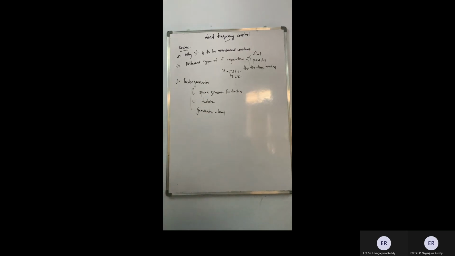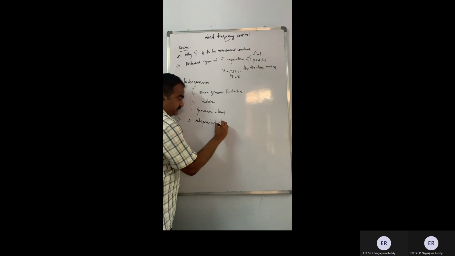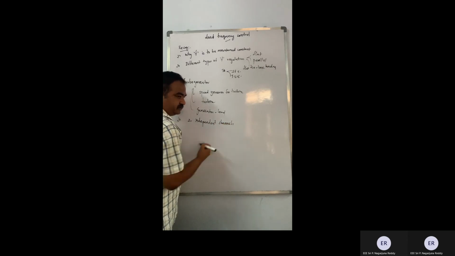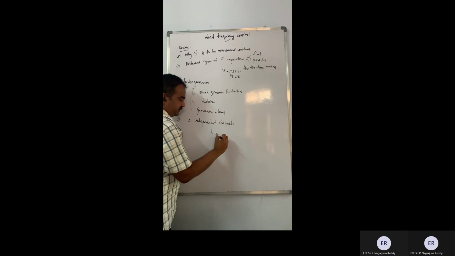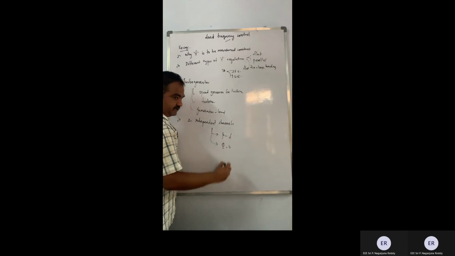So these are the components of turbo generator. And we have also seen that there will be two independent channels which are assumed in a turbo generator. One is PF channel, the other one is QV channel.